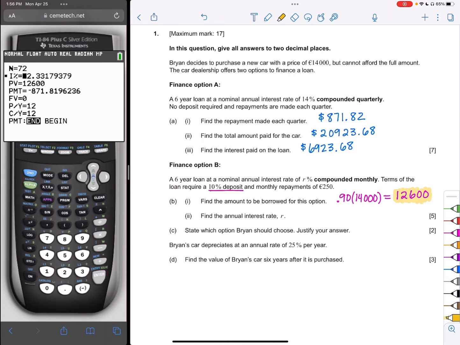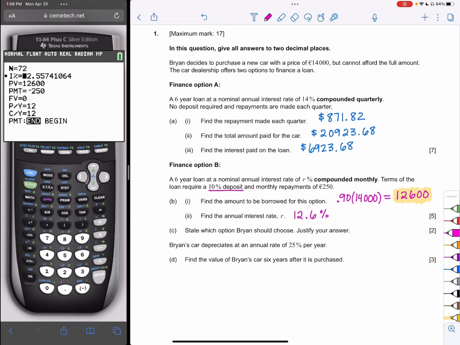The monthly repayment is 250, so I put negative 250 because that's my payment, and I recalculate my interest rate. My interest rate is going to end up being 12.6%.